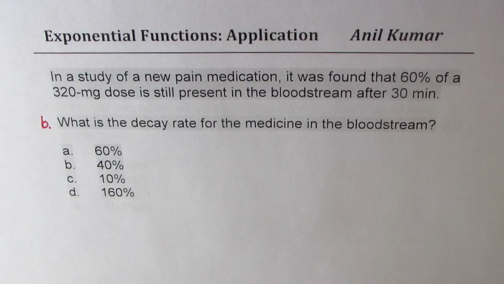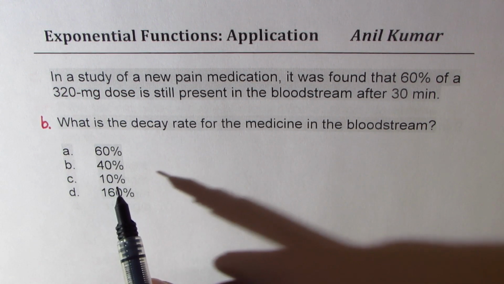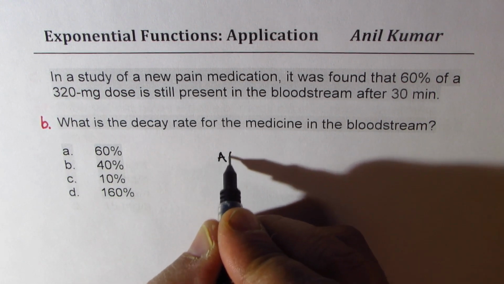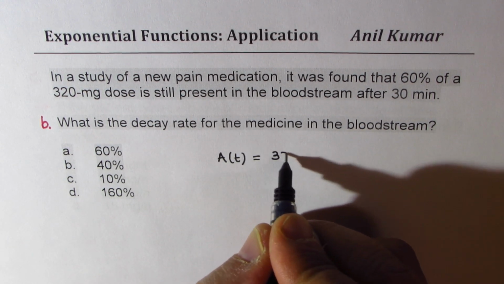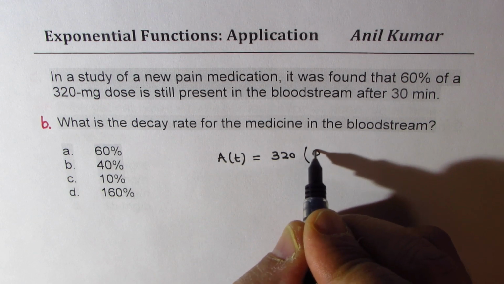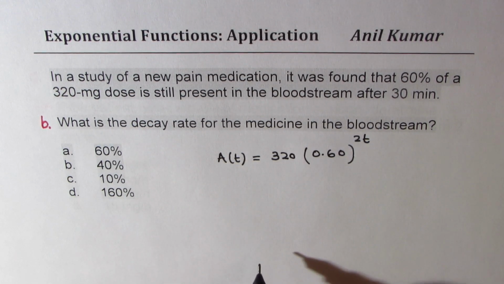Now the second part of this question is, what is the decay rate for the medication in the bloodstream? Now the formula just derived was that at any instance of time, the amount which remains is 320 times 0.60 to the power of 2t, right?